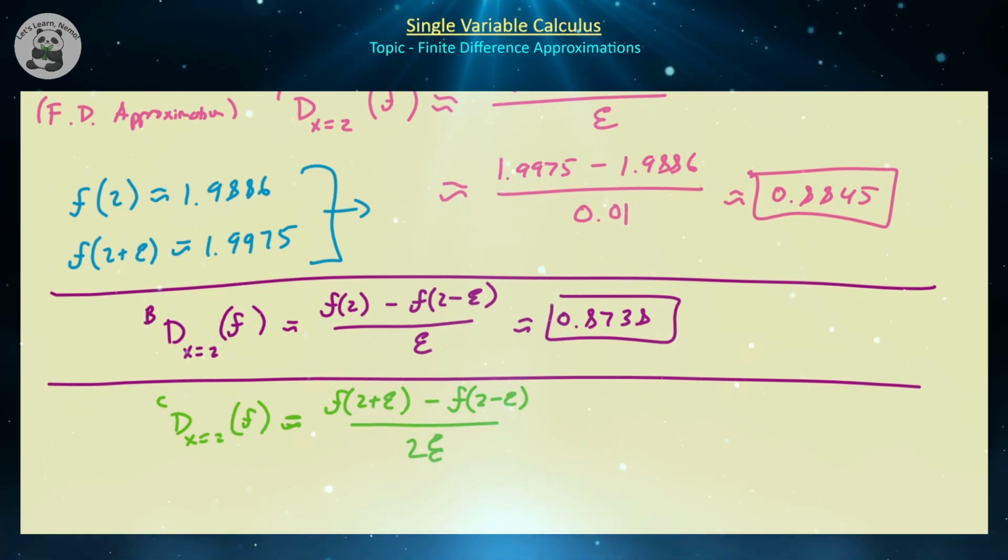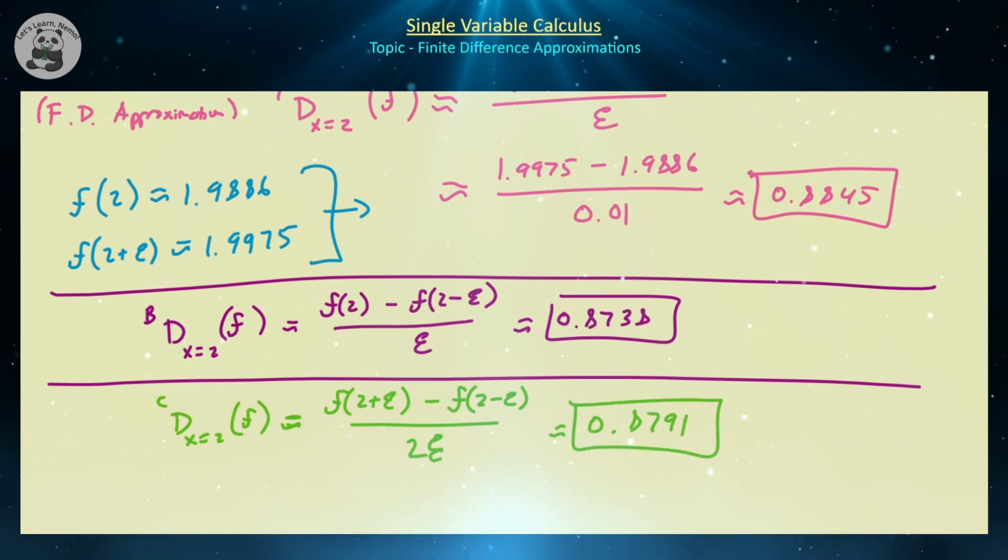So evaluate 2 plus epsilon for your function, 2 minus epsilon for your function, subtract, divide by 2 times epsilon, so 0.02, and that's going to be approximately 0.8791. And again, on average, central difference approximations are usually more accurate, provided that the function is well behaved.